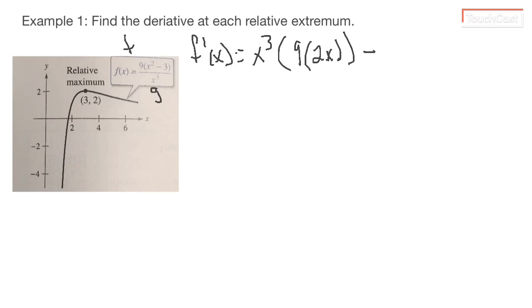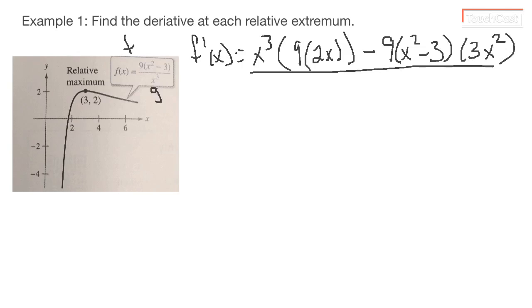Minus, we take the numerator, 9 times x squared minus 3, times the derivative of our denominator, which is 3x squared, divided by our denominator, x cubed, squared. So let's clean it up. In the first term in the numerator, x cubed times 9 times 2x is 18x to the 4th.